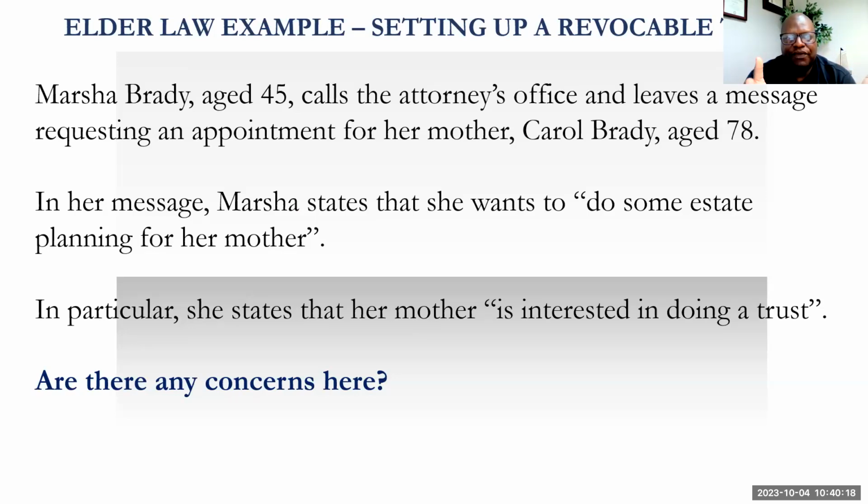So in this example, say Carol, and assuming Mike has moved on, passed on, Marcia calls the attorney's office requesting an appointment for her mother, Carol Brady. And this happens a ton. The child will call and say they need to do estate planning for their mother. And then in particular, says, I think mom needs a trust. Are there any concerns here?